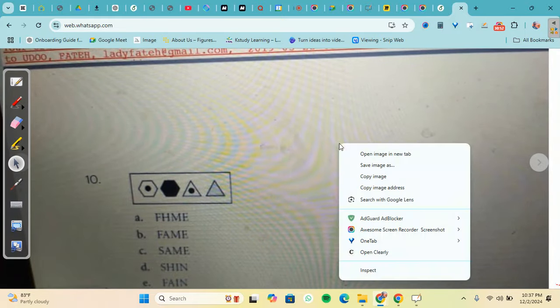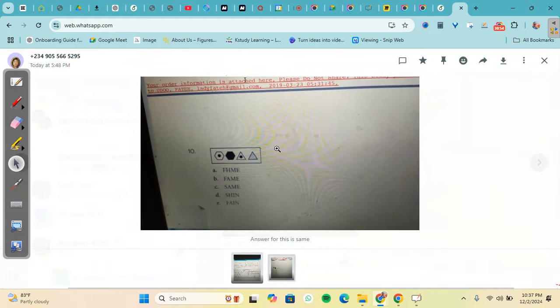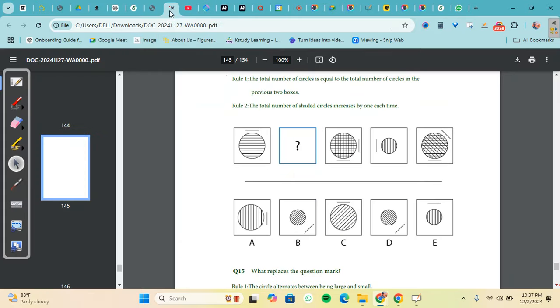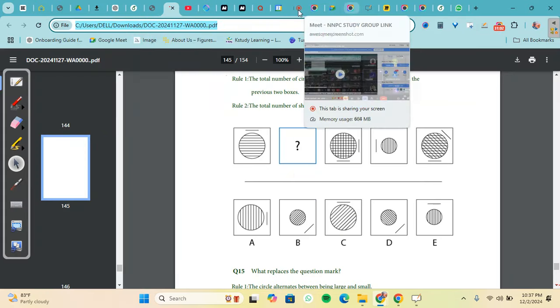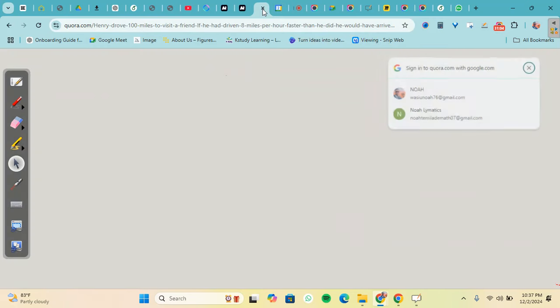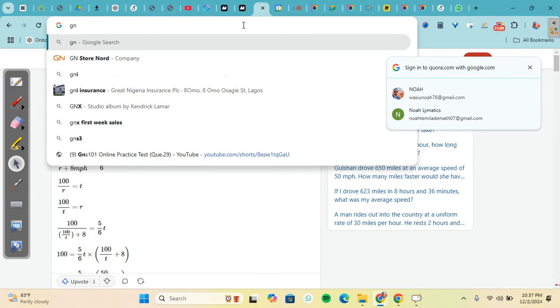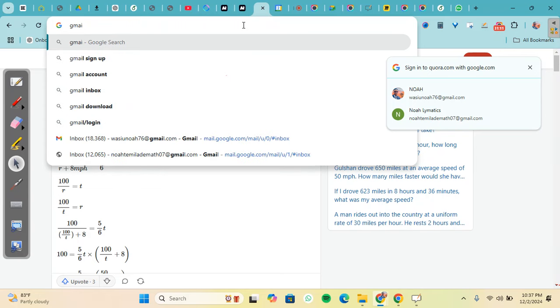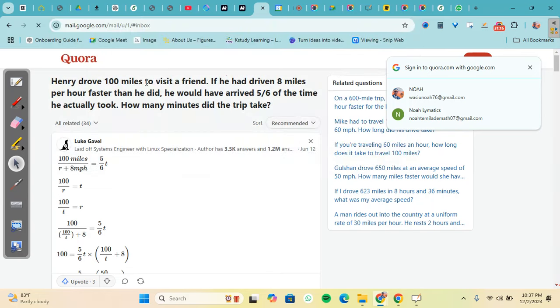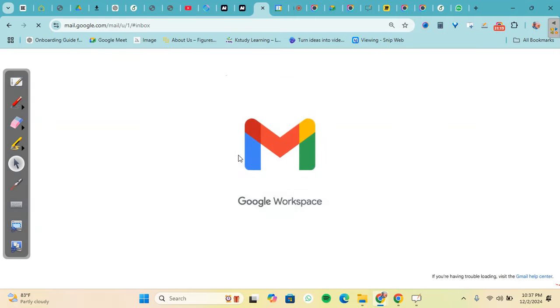Okay. It's from the second PDF. Let me show you guys. It should be from the second PDF. It's from the other PDF. I don't know. Let me try to check it out.